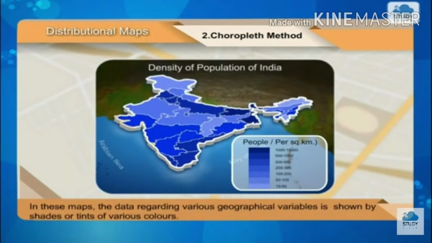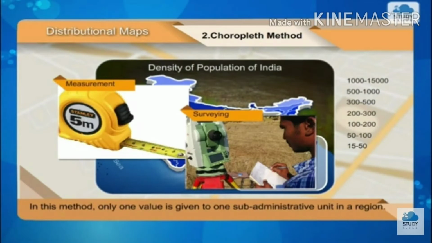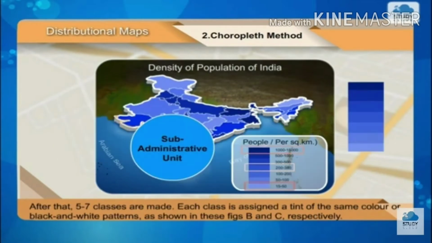The data used for different variables is obtained through various processes such as measurement, surveying, etc. In this method, only one variable is given to one sub-administrative unit in a region. The smallest and the largest values of the given data of the variable are taken into consideration.